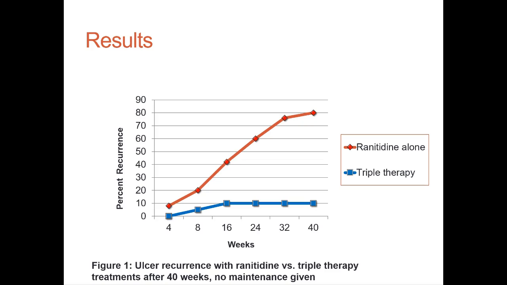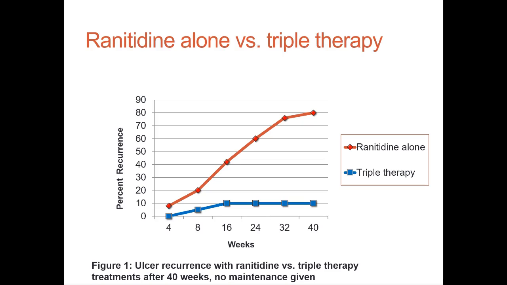So if we look at a graph like this and a typical phrase headline, such as results, the audience is going to be focused during your presentation on trying to understand this graph, even though it's a pretty simple graph. If we change this and we do a heading such as X versus Y, ranitidine alone versus triple therapy, it still doesn't really tell us what we're supposed to learn from it.